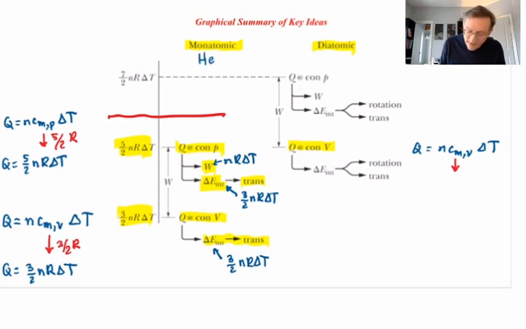For the CmV then, we substitute 5/2 R, and the Q result we get is 5/2 nR delta T. And that's the level at which they've drawn it, right? There it is, 5/2 nR delta T.